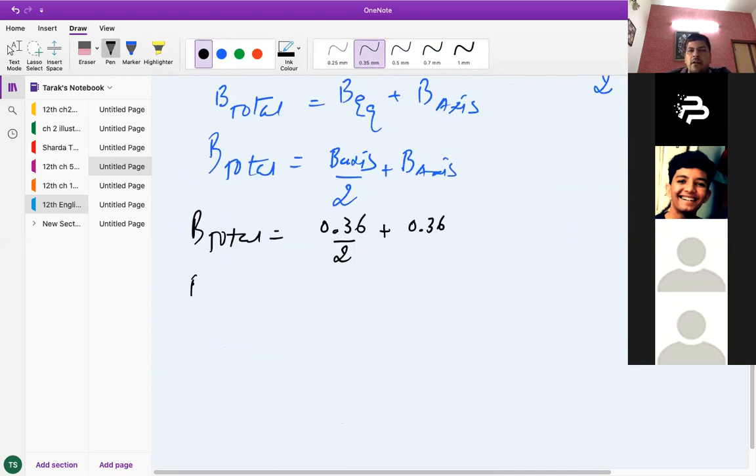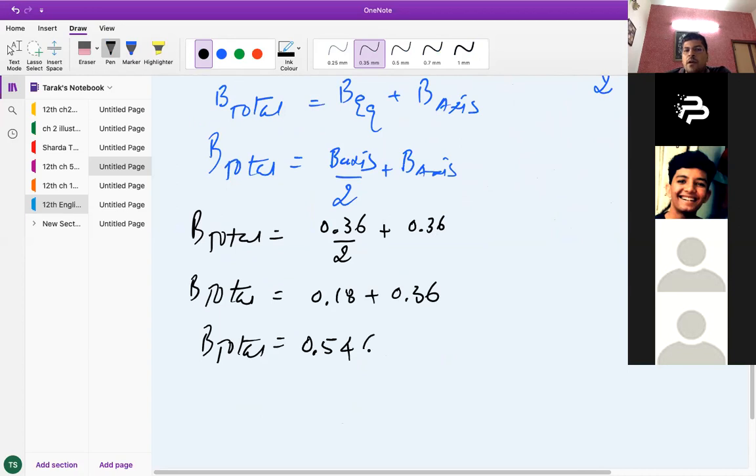So 0.36 by 2 is 0.18 plus 0.36. So we can have B of total equal to 0.54 Gauss. This is my answer.